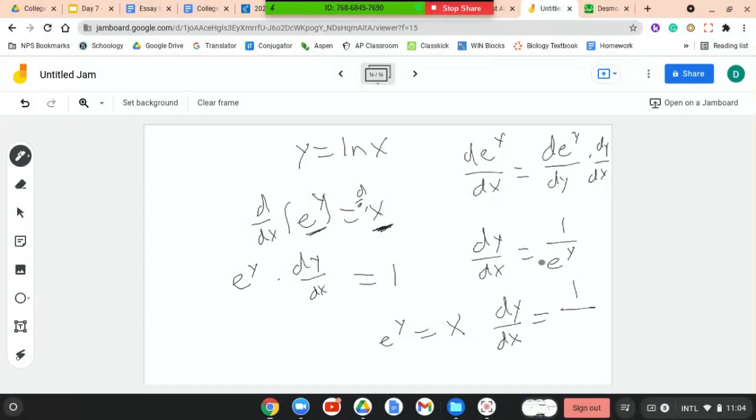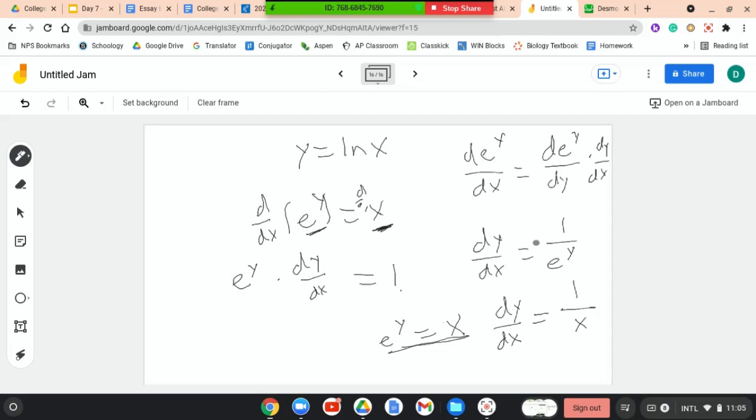We replace e to the y with x, so it's 1 over x. Remember we said that e to the y times dy over dx is 1. Divide both sides by e to the y, dy over dx is 1 over e to the y. E to the y equals x, so the derivative is 1 over x. Okay. Yeah, I follow that.